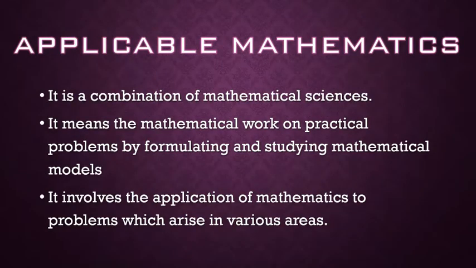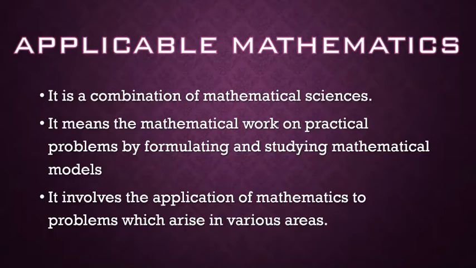We know that a number is a mathematical value used for counting or labeling objects. Numbers are used for performing arithmetic calculations. The number system is the system of naming or representing numbers.